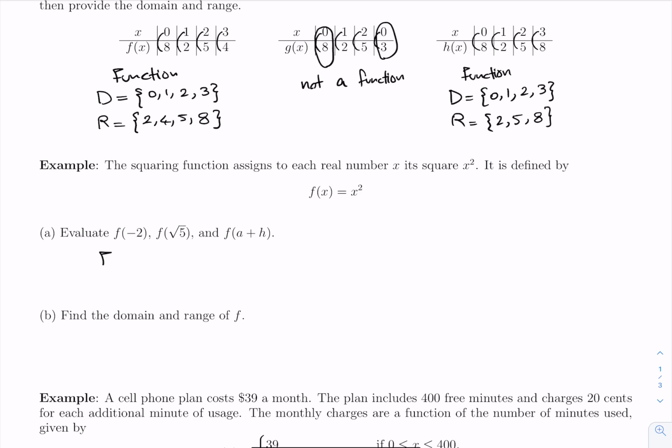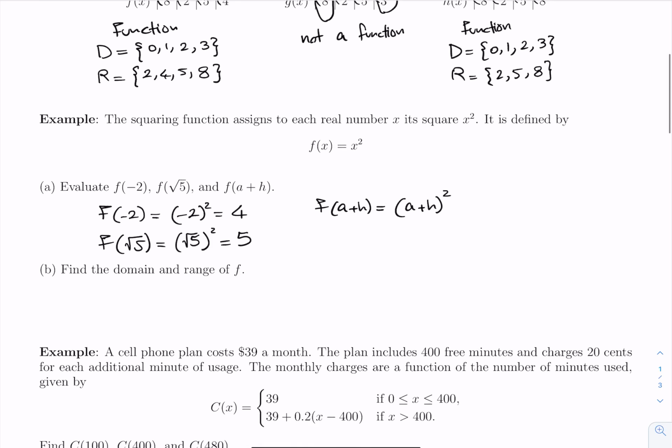For example, f of negative 2 will be negative 2 squared, that is 4. F of square root 5 would be square root 5 squared, that is 5. F of a plus h would be a plus h squared.